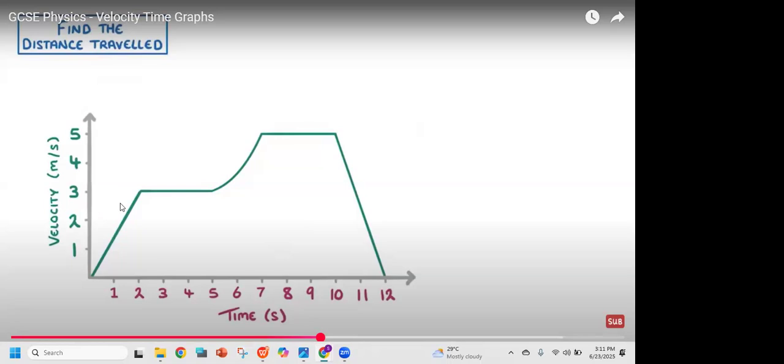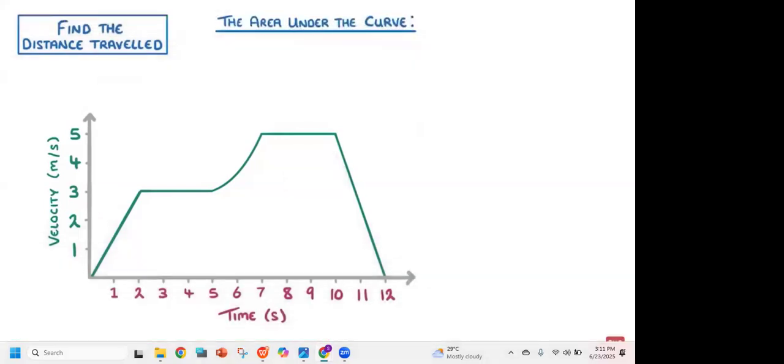Also, you can find the distance traveled in a particular period of time or for the entire journey. To find the distance traveled, we need to find the area under the curve.